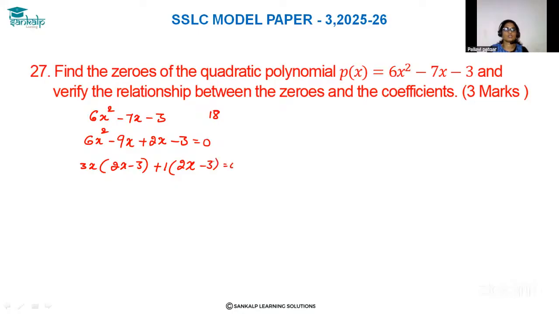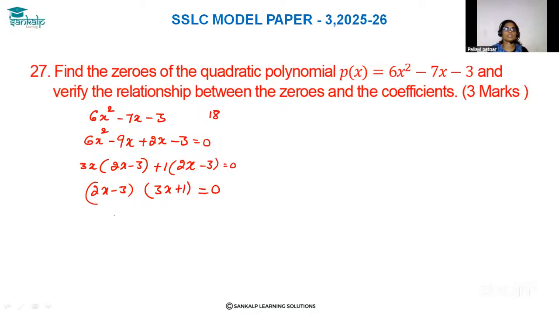Is equal to 0. Here, group the terms and factor out the common factors. So here 2x minus 3 is common. 3x plus 1 is equal to 0. So find the zeros.